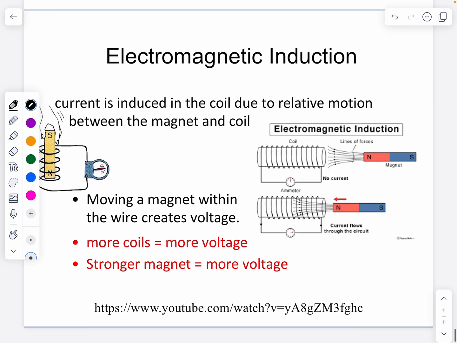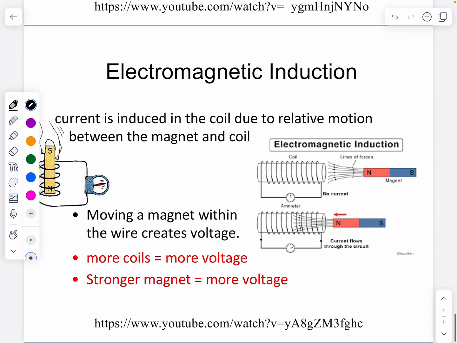Option number two is where we're using a magnet in order to create an electric current. So again, we are moving the magnet through the coil in order to create electricity. And if that is not strong enough, what can we do in order to create more voltage, more electric current?